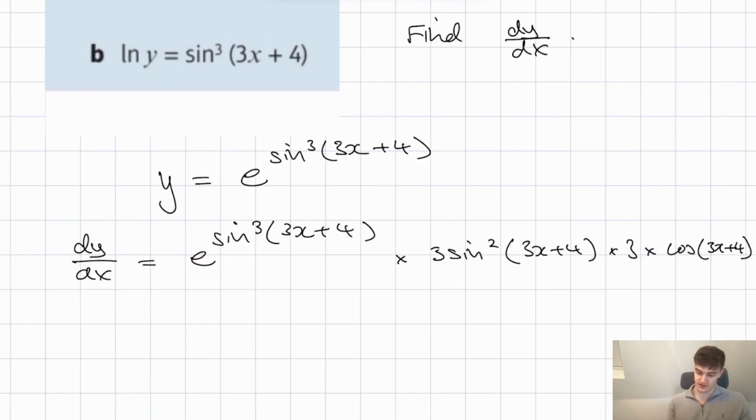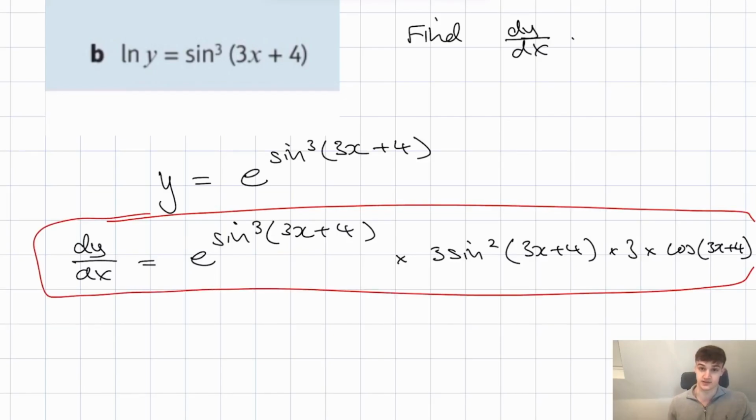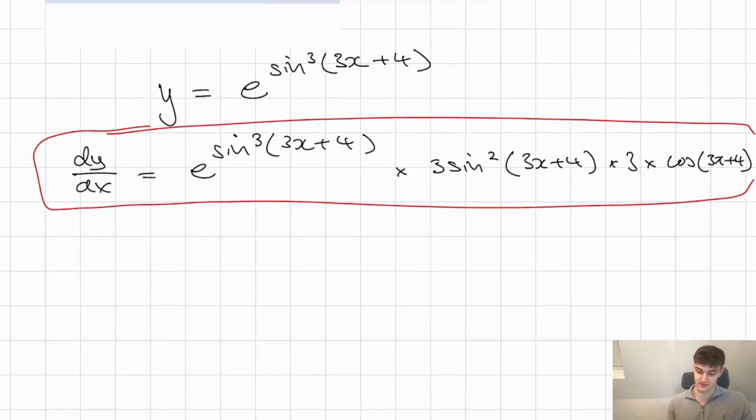Okay, so that's what I think we should get from this. And all I've done there is I've done the chain rule in my head, which I sometimes find a bit easier. So I'm going to do it now properly with you guys.